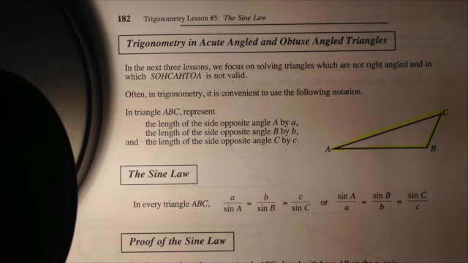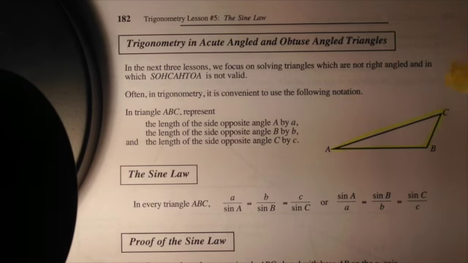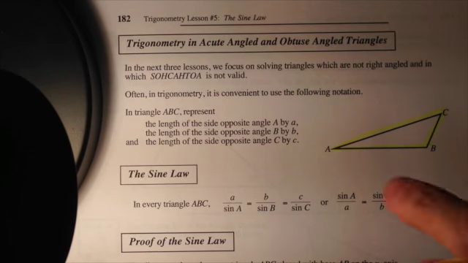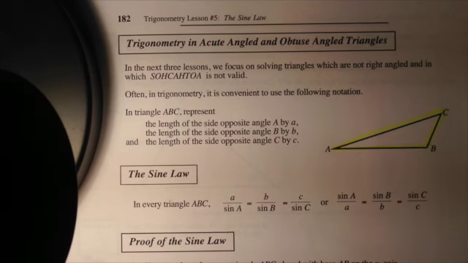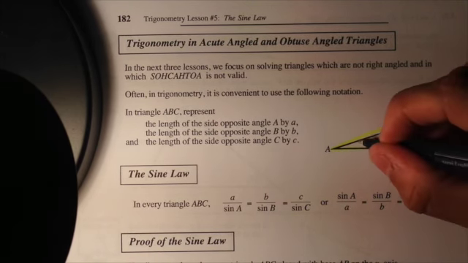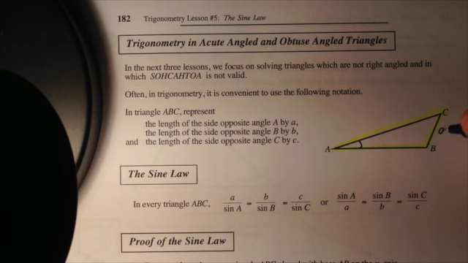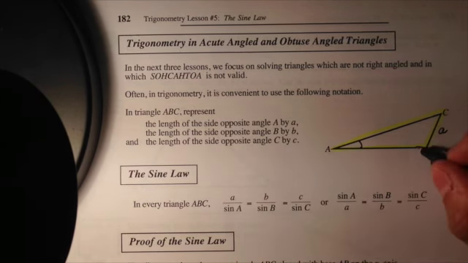actually do that? And so in this triangle ABC represented, we'd say that the length of side opposite angle A is a. And so if this was a triangle as we're working with ABC, the length of this side opposite, we would name this side a. We would name the length of the side opposite B, b.